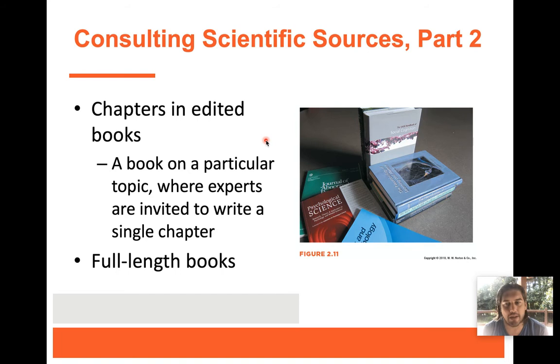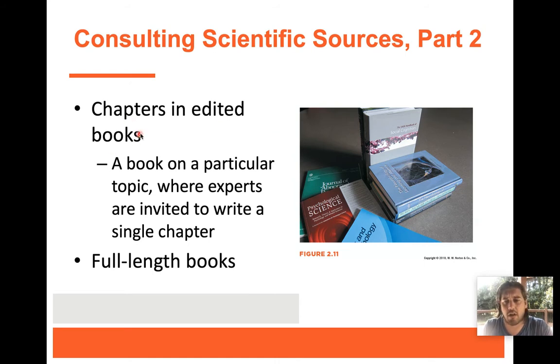You can't really buy these books at Barnes and Noble or Target or Walmart. These are usually purchased by individual scientists, by departments, by universities, by libraries, institutions like that, so that they can have copies on hand for people to refer to when they want to investigate a particular phenomenon.